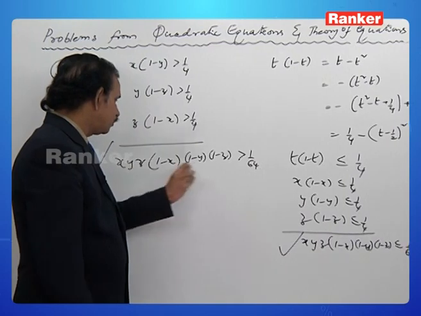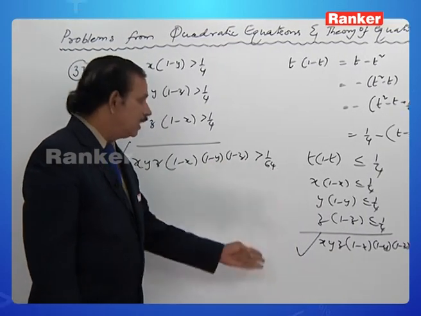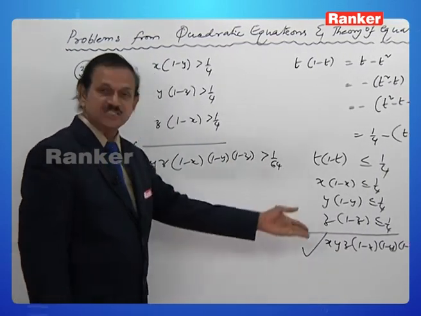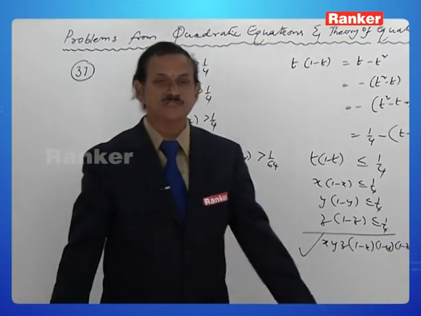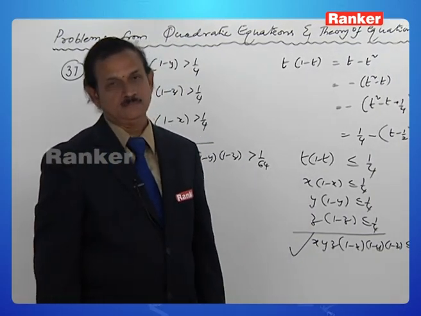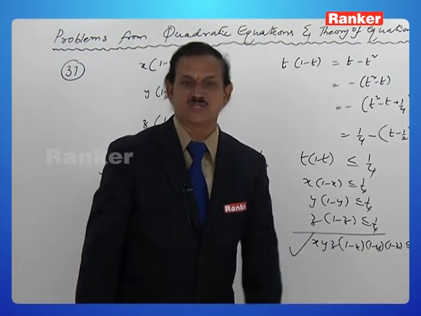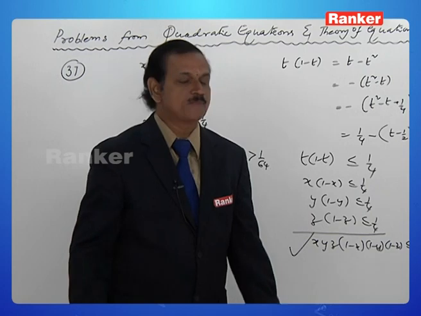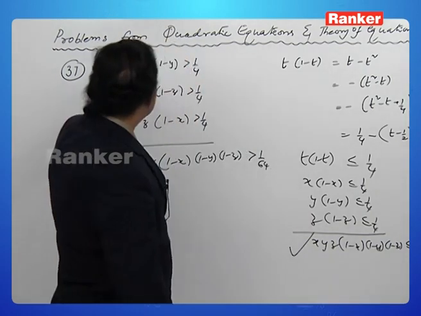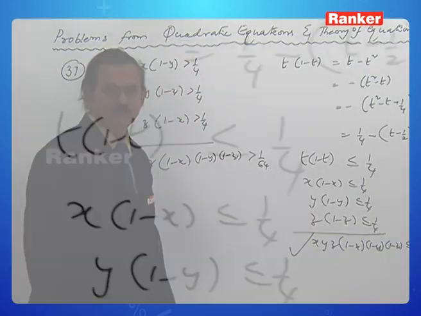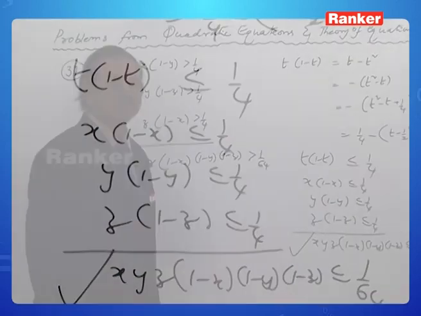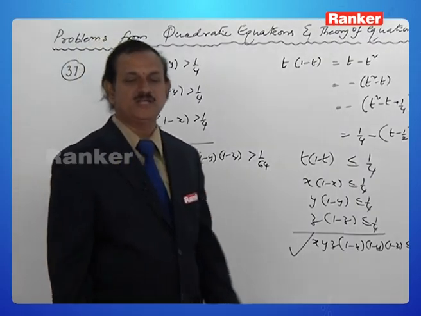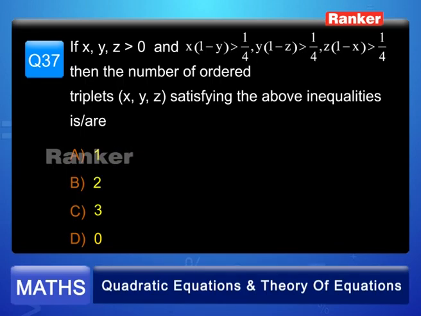This says that this product is greater than 1 by 64, and that says that the same product is less than or equal to 1 by 64. How is it possible? These are mutually contradictory statements. Therefore, you cannot have such triplets x, y, z satisfying the conditions in the data. So the number of triplets is 0. Such things will not be available at all. The fourth option, that is option D, is the right option. That is 0. Number of triplets is 0.